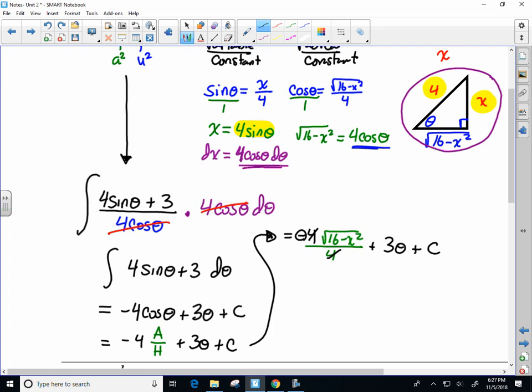For example, I have an equation here that says that the sine of theta is equal to x over 4. If I wanted to get theta alone, what would I do to both sides? The arc sine. So theta would be equal to the arc sine of x over 4.